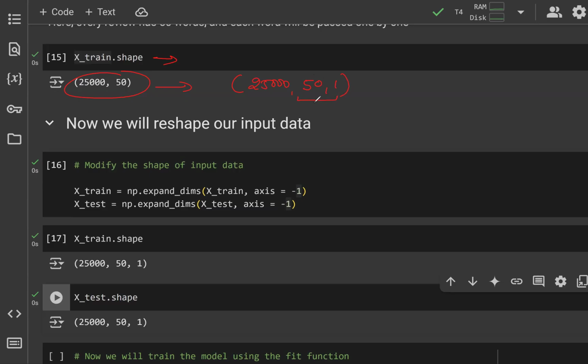It's not coming in 3 dimensions, so we need to add one extra dimension after this 50. np.expand_dims takes your 2-dimensional data and adds one extra dimension at the very end. -1 means it adds the dimension at the very end, and see, it is 3 dimensions now. Clear? Yes, both for training and testing. Okay, thank you.